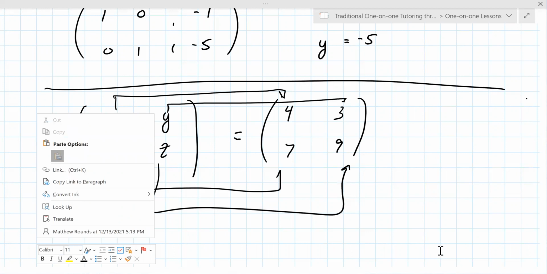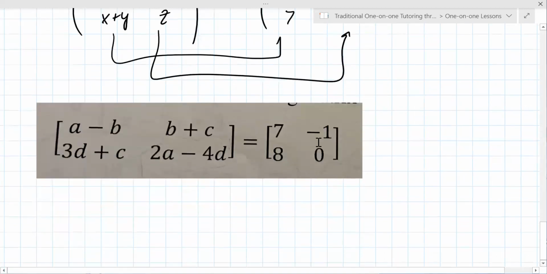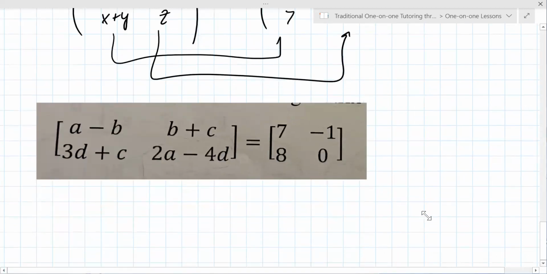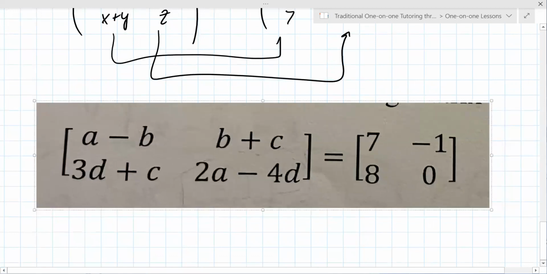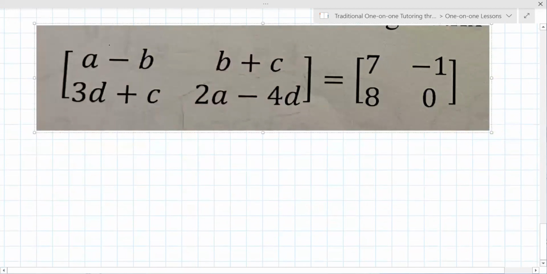Okay, so this really does follow from the previous scribble that I made here. You're going to write a system by setting top left equal to top left, top right equal to top right, and so on. Now there's 1, 2, 3, 4 variables, so we're going to leave room for them. It's A minus B equals 7.